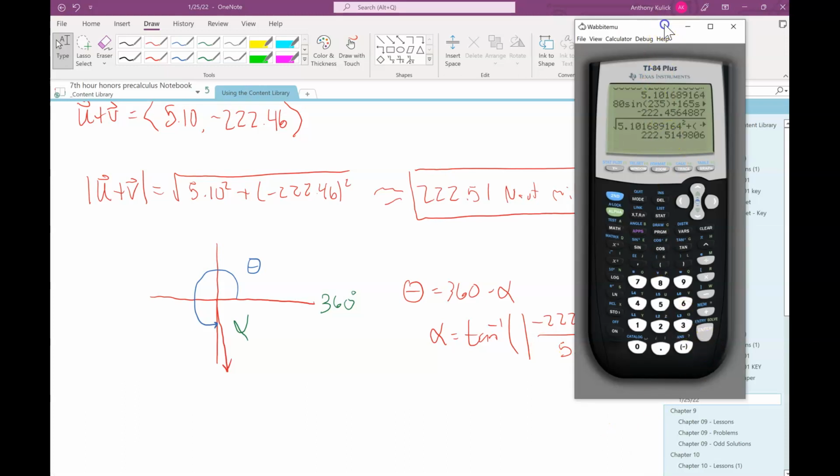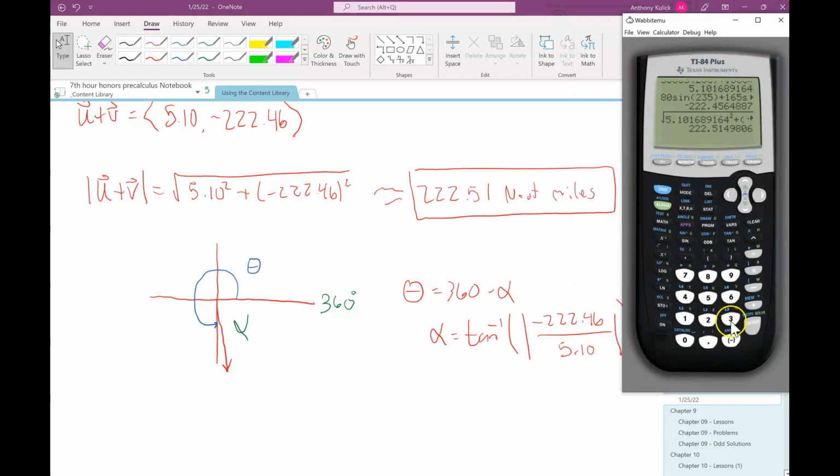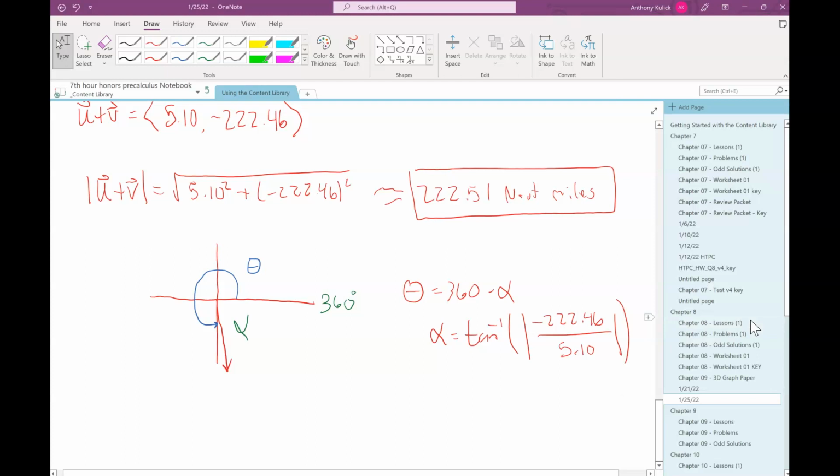So if I go to my calculator, y divided by x, close. So I have 271.31 degrees.